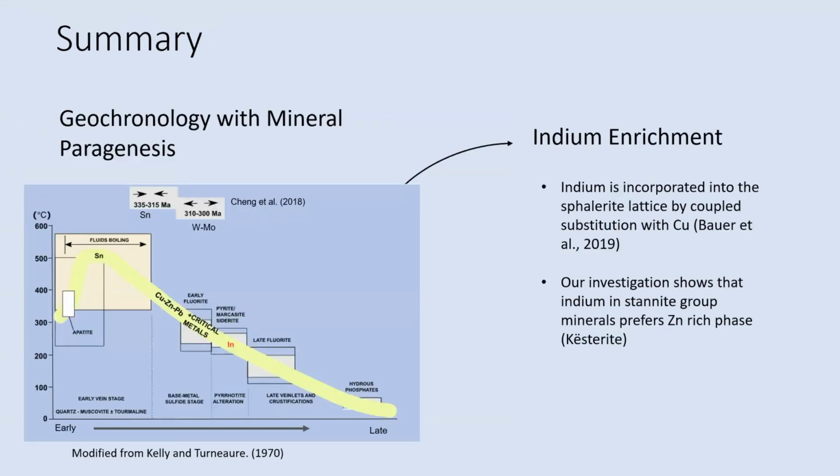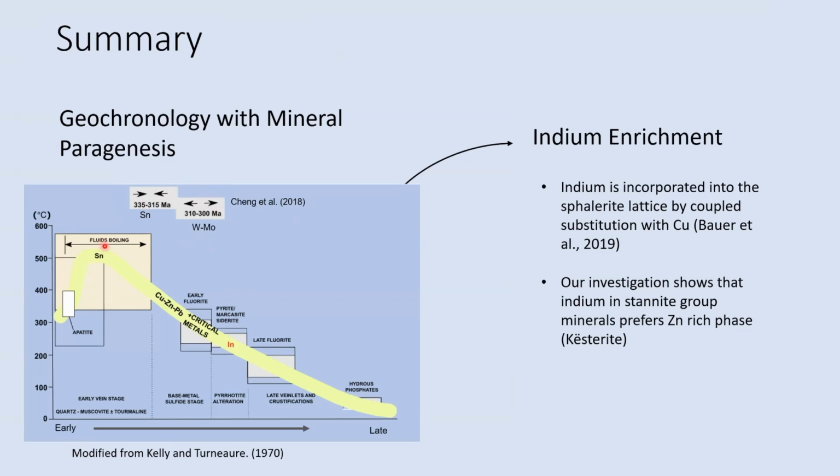So combining everything together, this is a mineral paragenesis sequence adapted from Kelly and Tanner. And what we see is that at higher temperatures, tin starts to precipitate out, and you can see I've placed down Yambo's ages and mineralization stages as well from his paper.